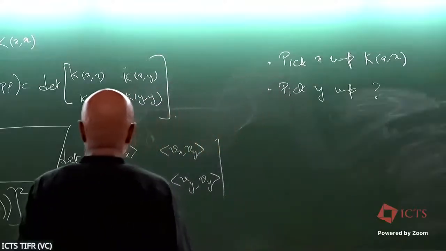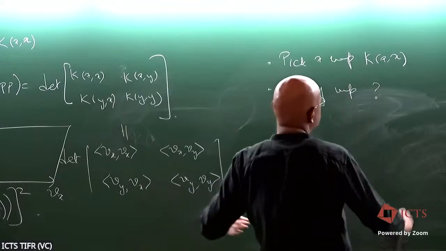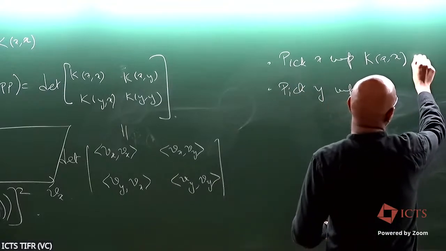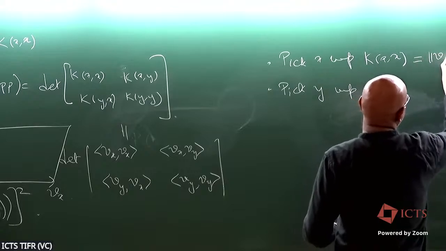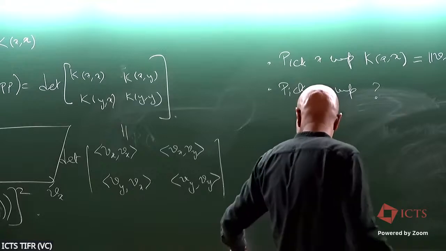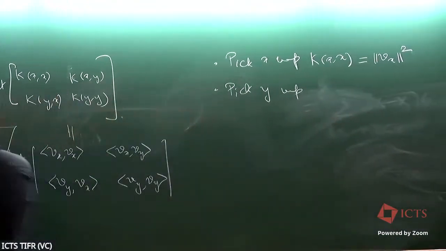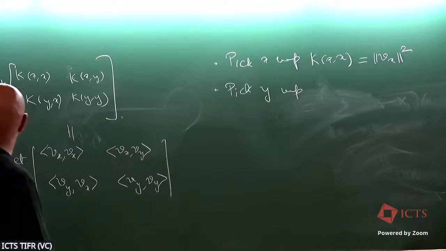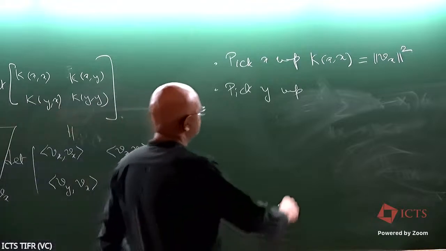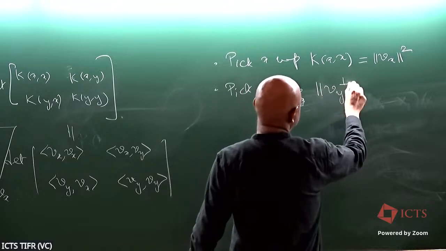Before that, we have to unpack what kxx is: in terms of Vx, kxx is just the norm of Vx squared. Then we pick y with probability, remembering that we are totally in the orthogonal complement, having modded out all influence from x, so we can only see Vy perp. So we pick y with probability Vy perp squared.